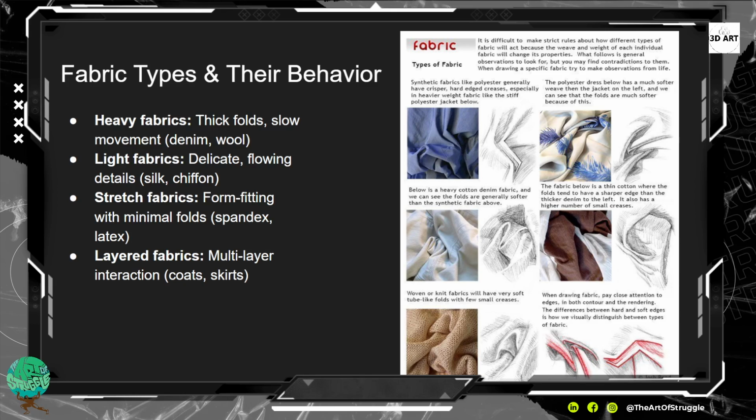Certain types of leather can be very stiff. These are the kinds of things that go through your mind when you're sculpting or drawing, because it helps not only you but also the viewer, the reader, be informed about what they're looking at: okay, this is a denim shirt, or this is a cotton shirt.